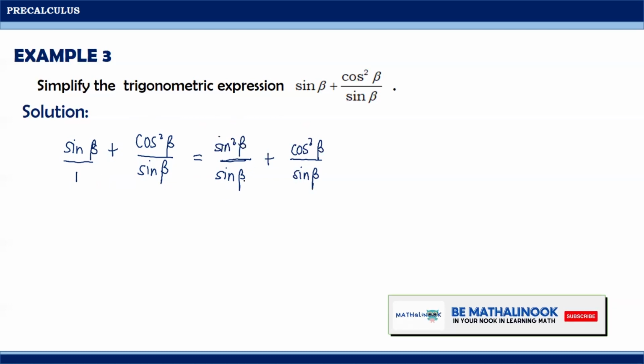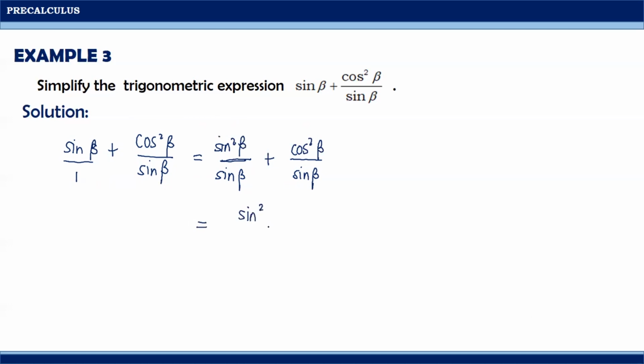This time, since the denominators are the same, then we can actually add the numerators. So we're going to have here sine squared beta plus cosine squared beta all over, copy the common denominator, sine beta. Applying the Pythagorean identities, sine squared beta plus cosine squared beta is actually equal to 1.